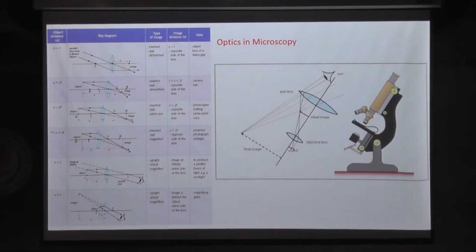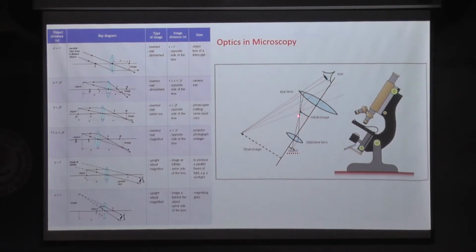And on that principle, the microscope works. First, this particular object is seen with the help of this convex lens, which is present in the objective, and the image is formed here. This is upside down, the inverse of that.